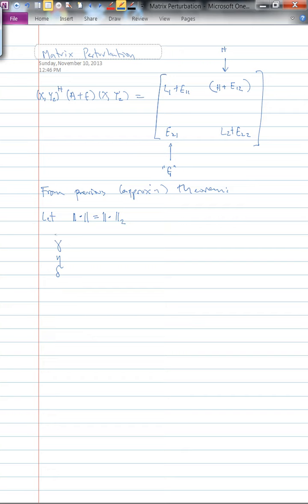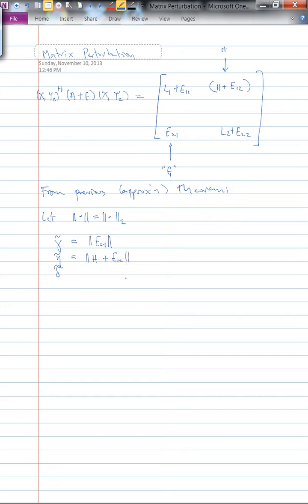I'll put a little tilde on them because in this case they represent perturbation. So what was gamma? Gamma was the norm of G in the approximation theorem. So in this case, the role of that is played by E. What was eta? Eta was the norm of H, what appeared in the upper right-hand corner. Now instead of H, we have H plus E12.